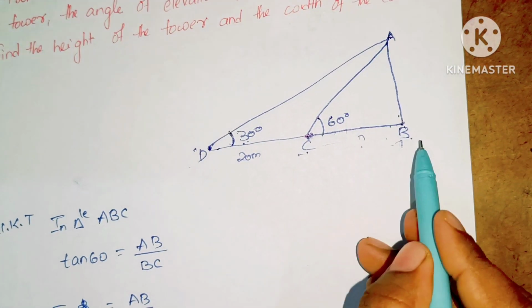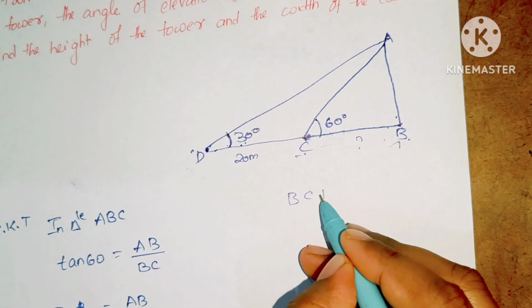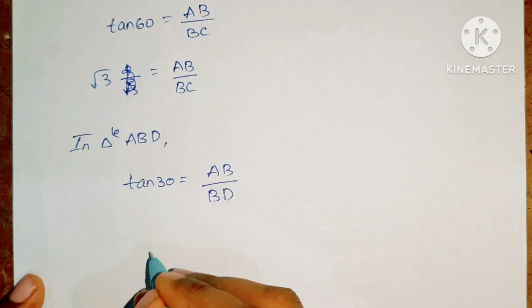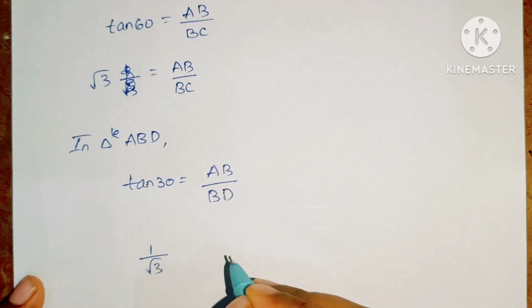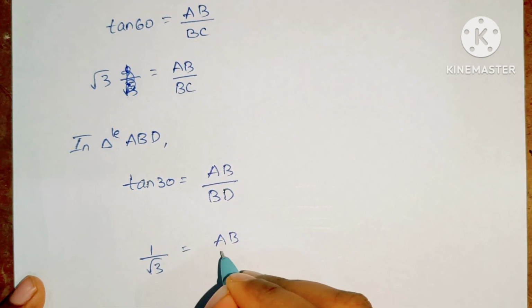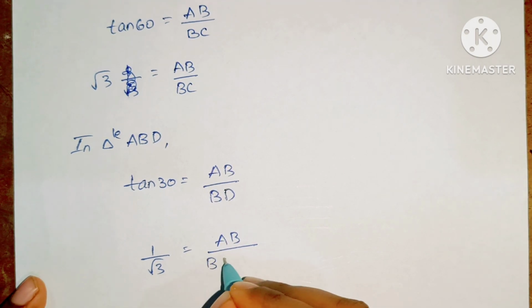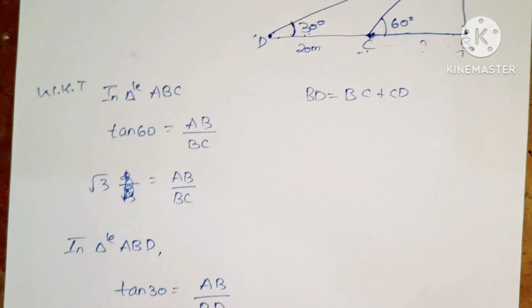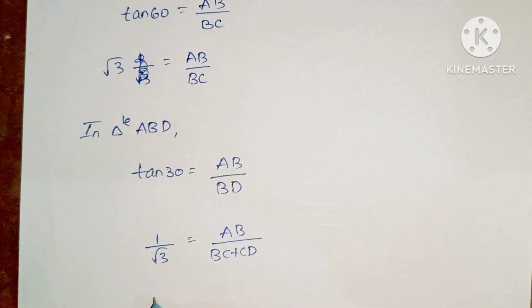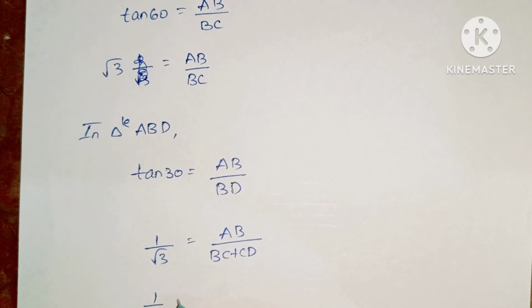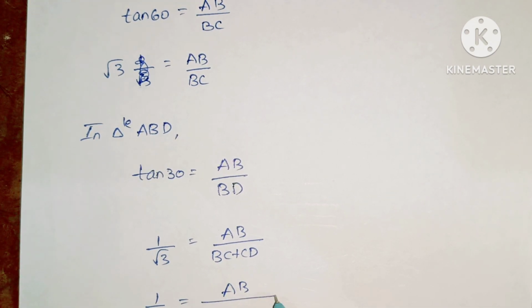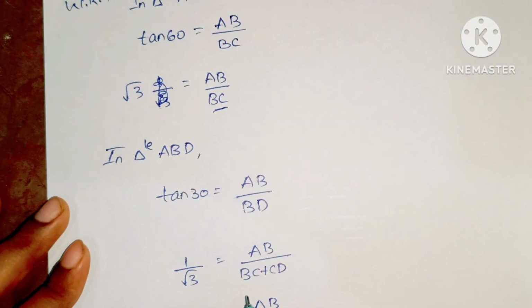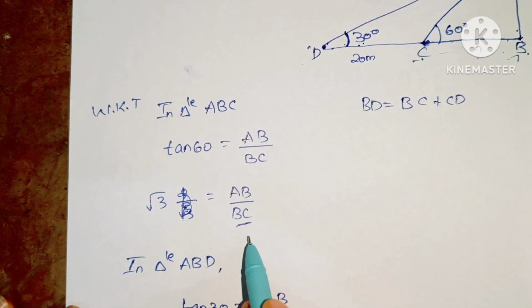So see here, BD means BC plus CD, right? Tan 30 value is 1 by root 3, equal to AB by BD, which is BC plus CD. From the earlier equation you can get the BC value.